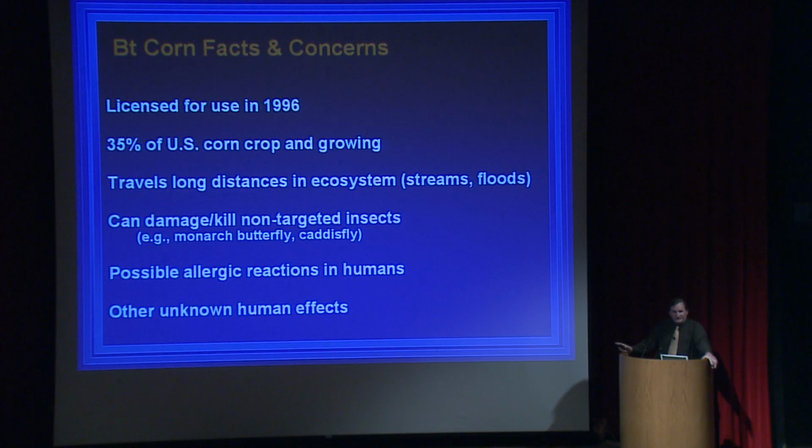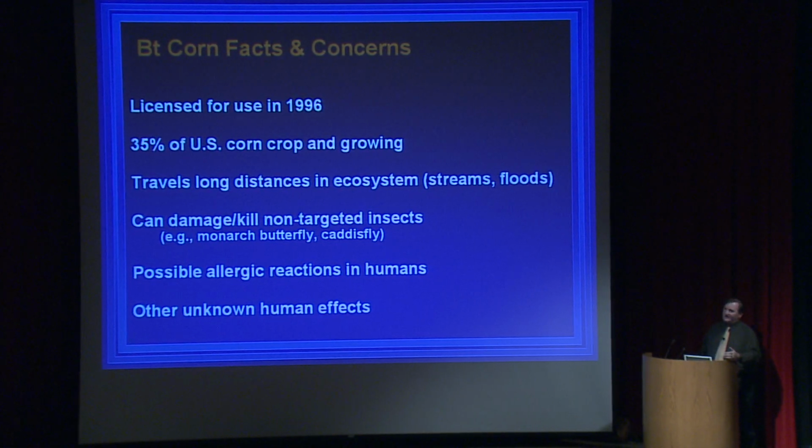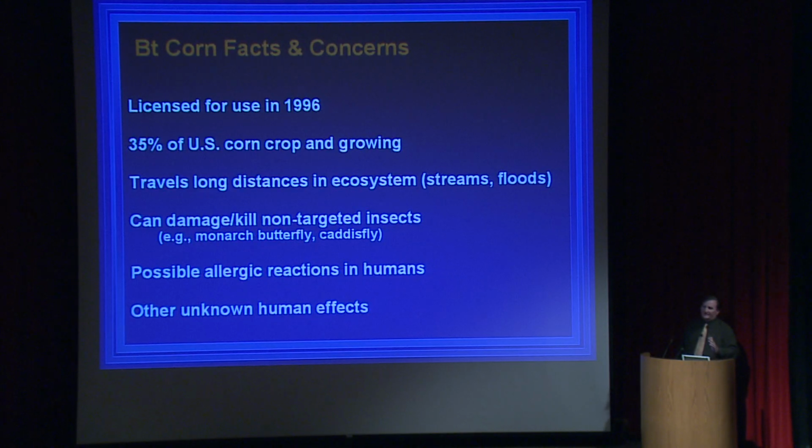So if that slide that I showed you before from the University of Illinois would be typical, the genetically modified corn and its byproducts in the corn plant are not going to be confined to that particular field, because they'll be carried elsewhere, particularly through rainwater, flooding, and storms, into other places. And so to the extent that the genetically modified corn is having negative impacts, then it is not confined to the areas just where it's being grown.